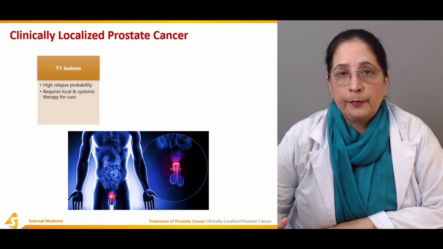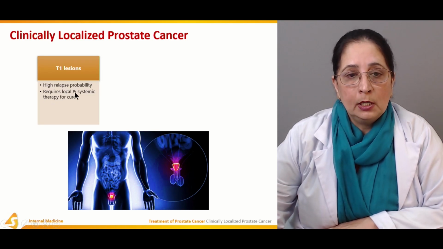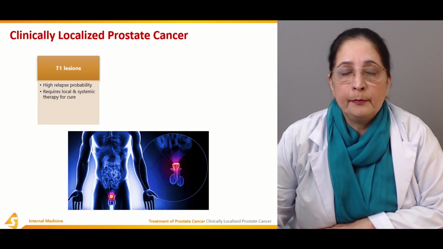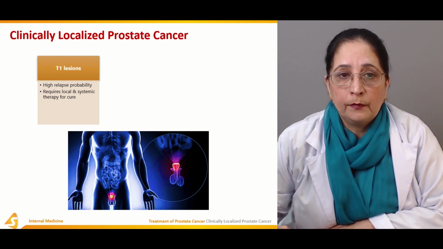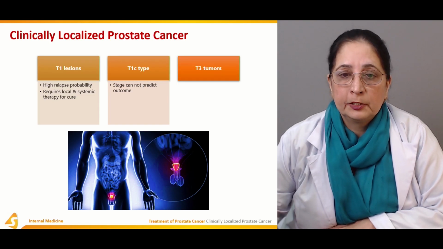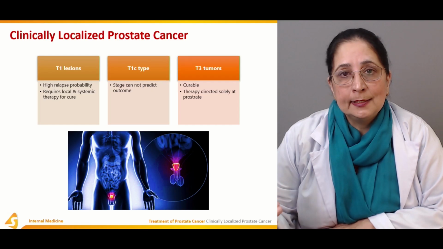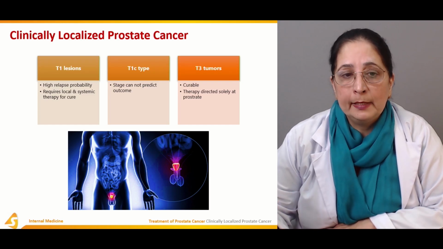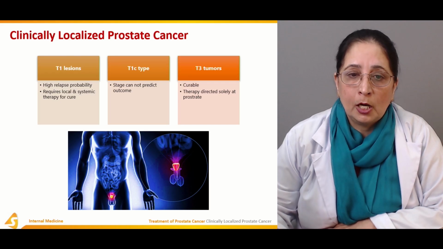The T1 lesions of local prostate cancer have a high relapse probability and require local and systemic therapy for cure. T1C stage cannot predict outcome. T3, curable, with therapy directed at the prostate. So in T1 tumors, there is a high relapse probability and they require local and systemic therapy. For T1C, we cannot predict the outcome.